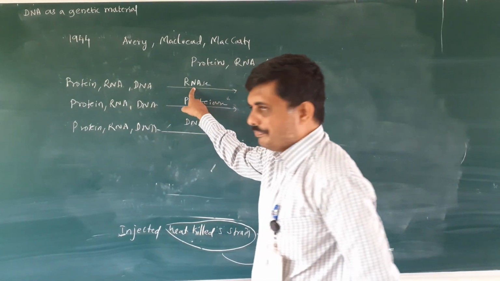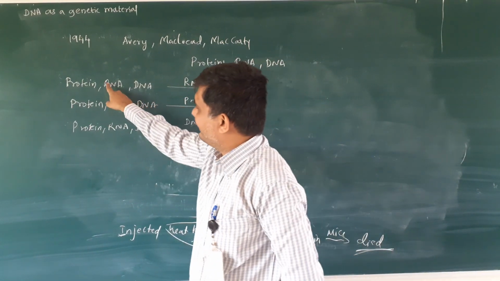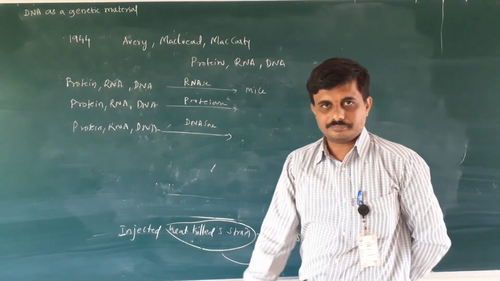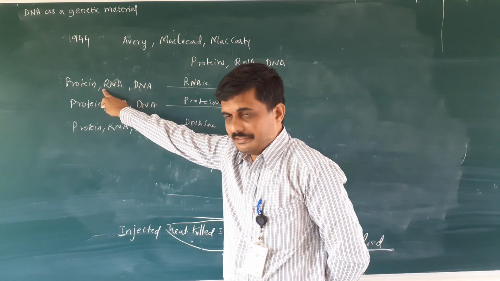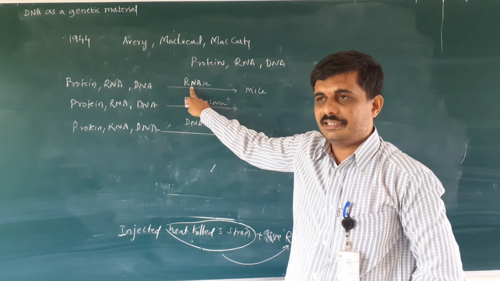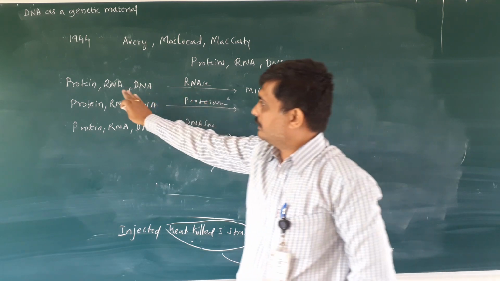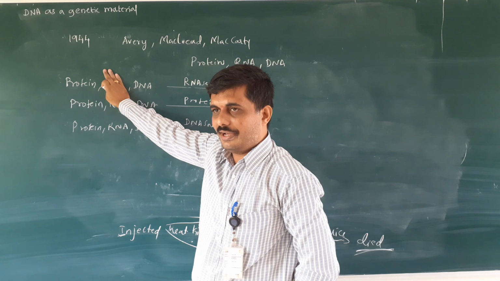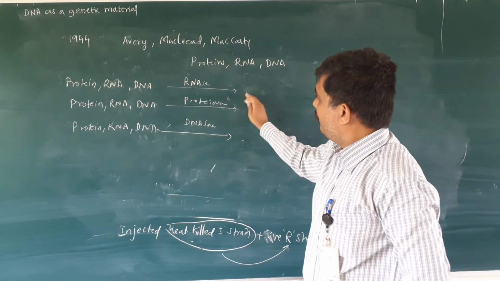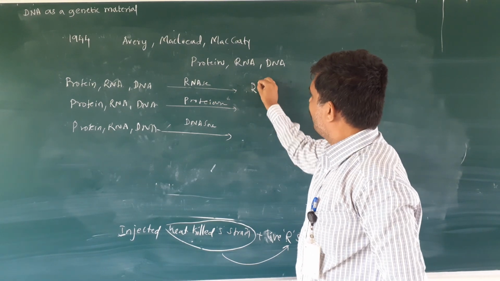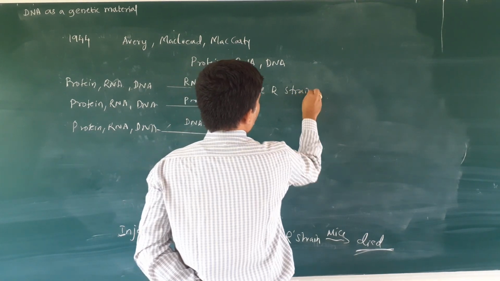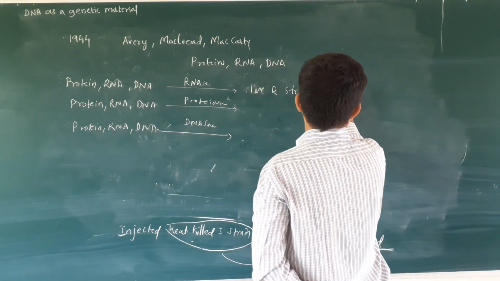This enzyme is responsible for cleaving the RNA. Then they are injected into the mice. So the extracted material from the heat-killed S strain is treated with the RNase enzyme, which destroys the RNA, and they combine this material with the live R strain and inject it into the mice.